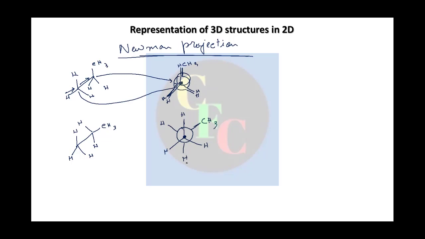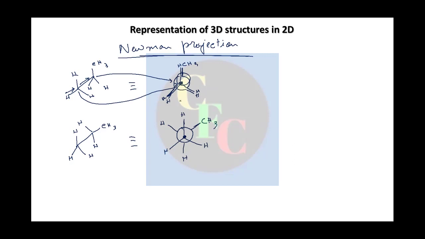So you can draw a Newman projection from a Sawhorse, and if someone gives you the diagram of a Newman projection, you can interconvert them to Sawhorse. So you have to practice interconversion of Sawhorse to Newman and Newman to Sawhorse also. Okay.